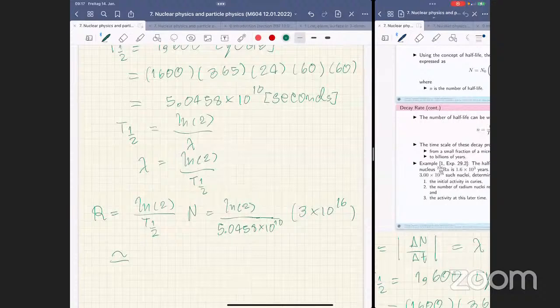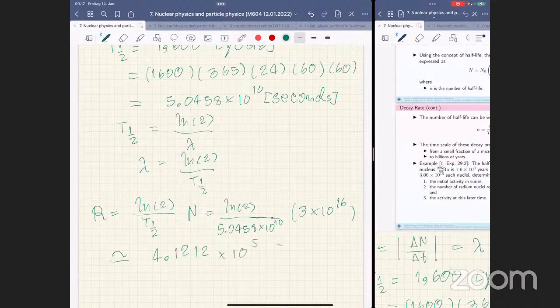The decay rate is log of 2 divided by T half-life, times the initial amount 3E16, and it's equal to 4.1212 times 10 to the 5.